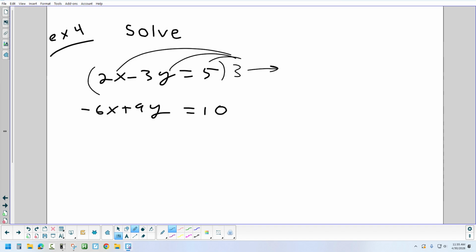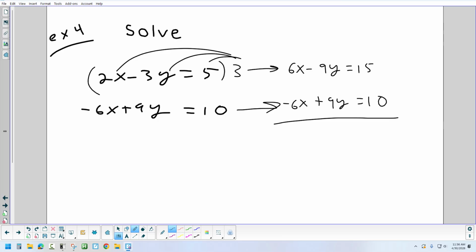Okay. What do you get if you multiply the top by 3? 6x minus 9y equals 15. Bottom one, just copy it over. -6x plus 9y equals 10. And now add them up.